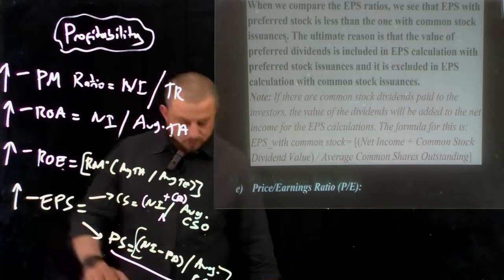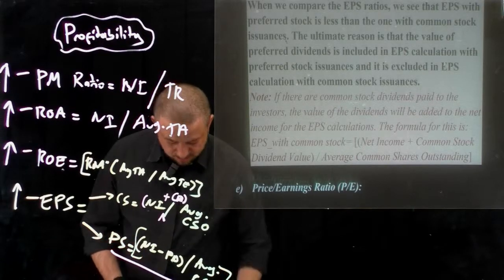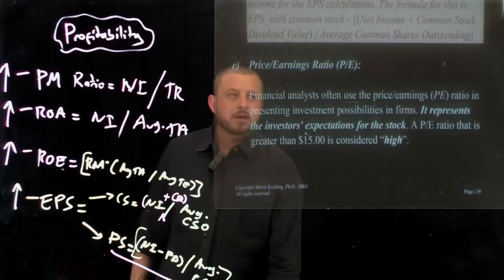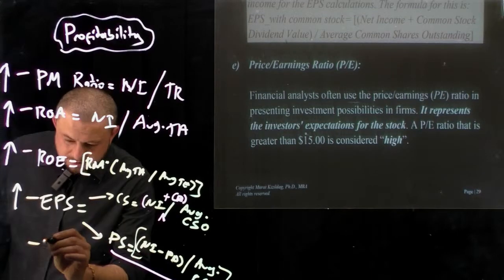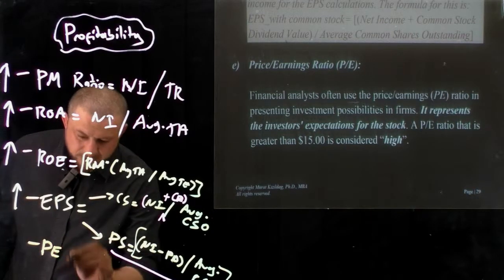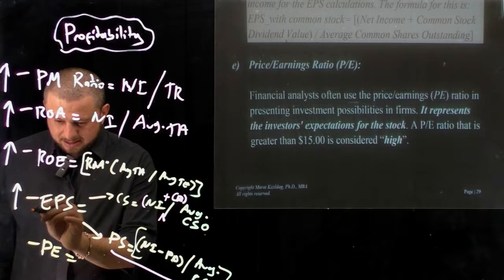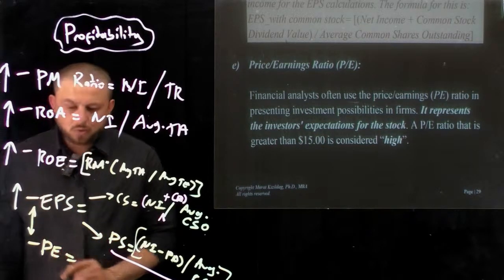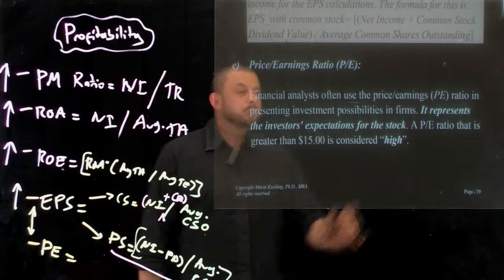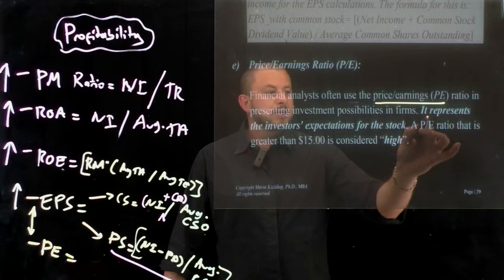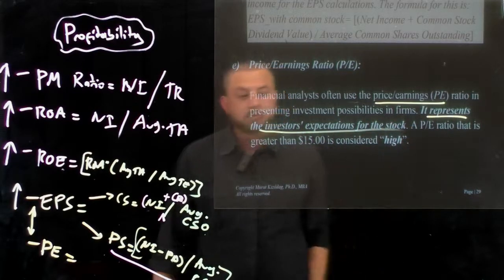Okay, guys? So please keep that in mind. Let me change my marker. PE ratio is another profitability ratio. PE ratio goes hand in hand with EPS. Price to earnings ratio is what it stands for. It represents the investor's expectations for the stock.